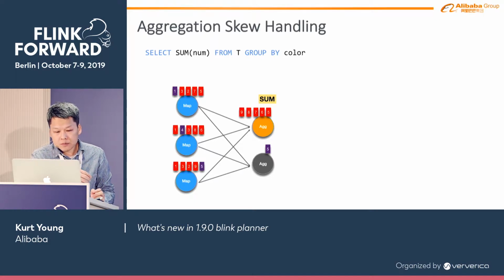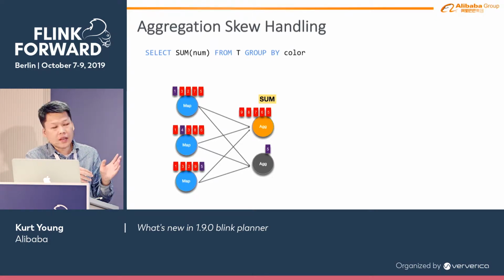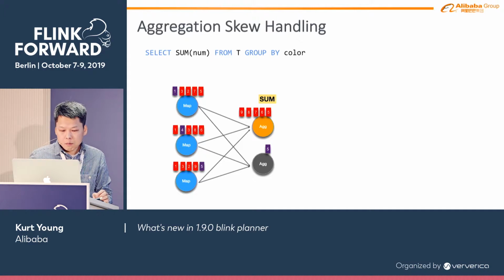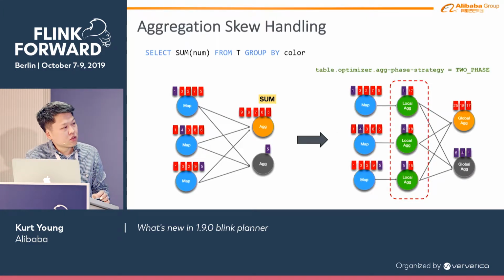For each key, we key by the color to the downstream operator. For the same key, the downstream operator will execute in a single-threaded fashion. So it's very easy to become a bottleneck if some colors have a lot more data than other colors. It's very simple to improve this. We introduce a local combiner, just like a map-reduce local combiner.